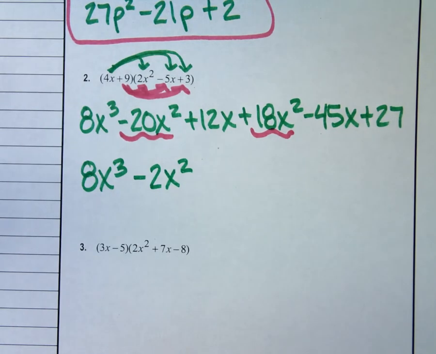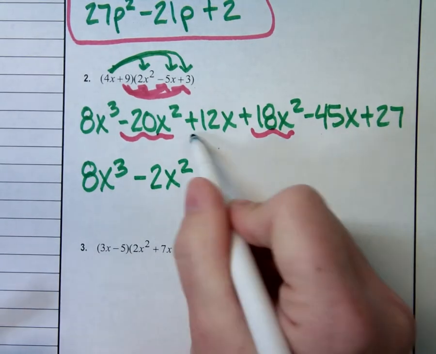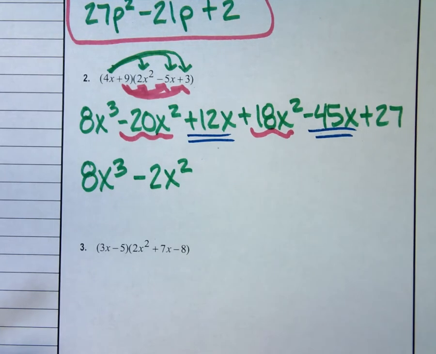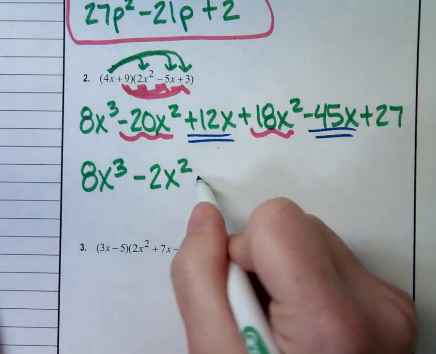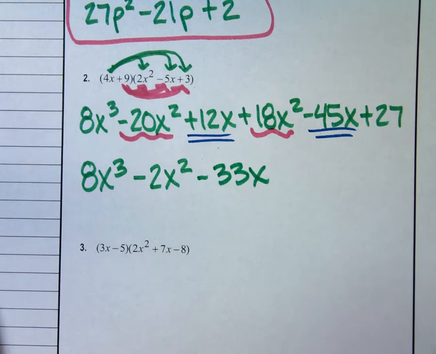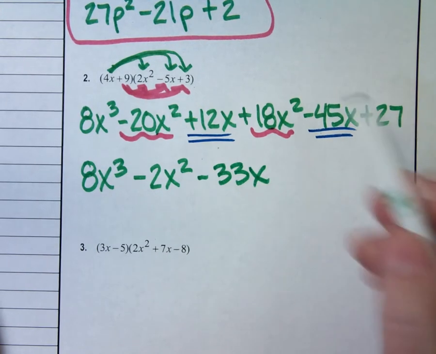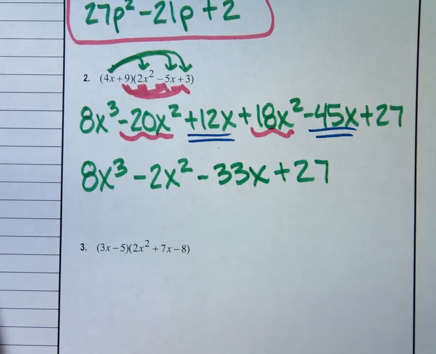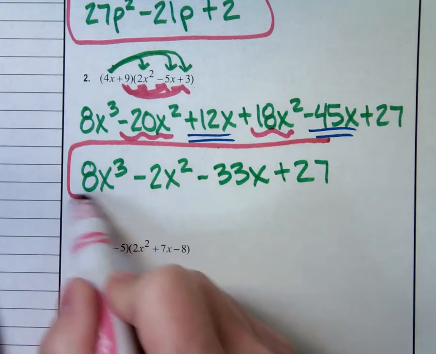Okay, now I want to look for just x's. So here's an x and here's an x. What do you get if you combine a positive 12 and a negative 45? A negative 33x. And then there's no other constant besides this plus 27, so I just bring the positive 27 on down, and that's our answer.